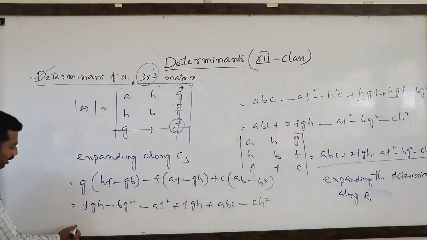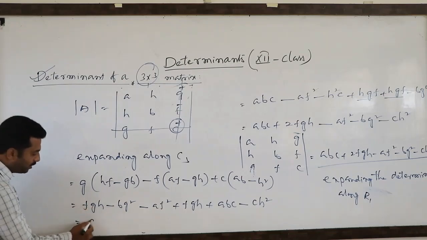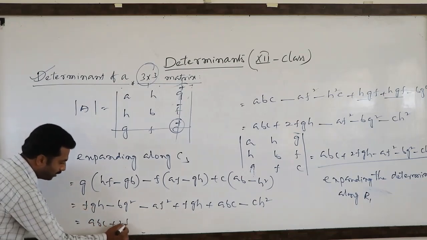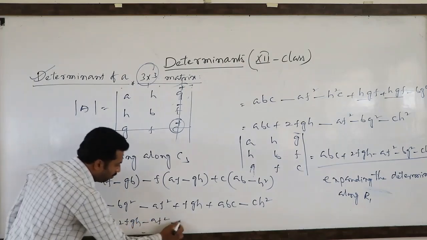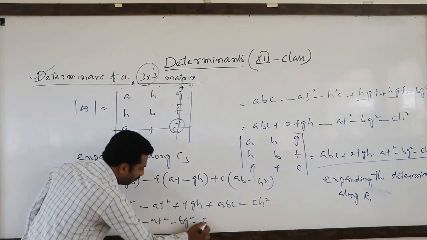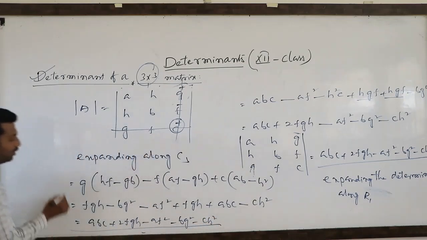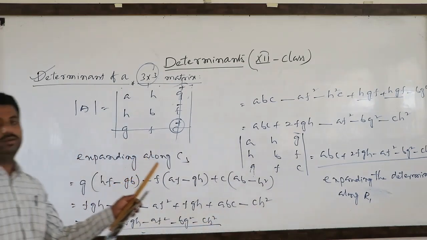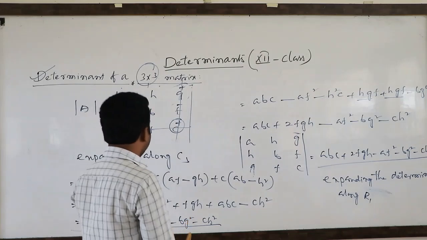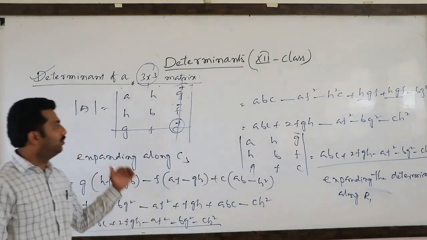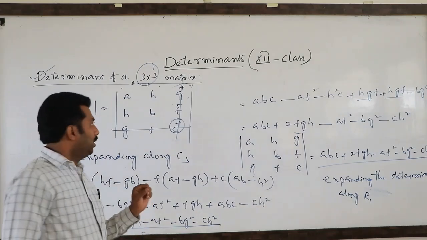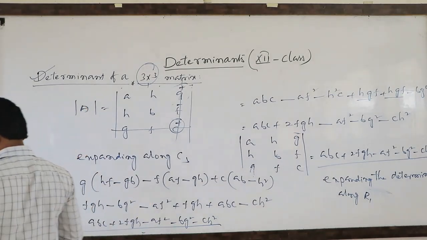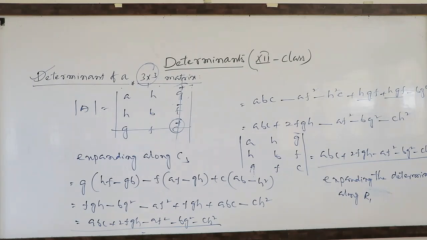So finally, how many terms are there? First ABC plus 2FGH minus AF square minus BG square minus CH square. The same answer will come only, no? So you can choose any row or any column, whatever it may be, the answer will be the same. One more technique I will tell, but that is the next problem.